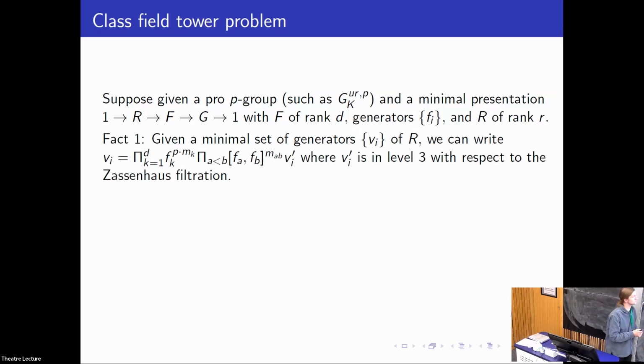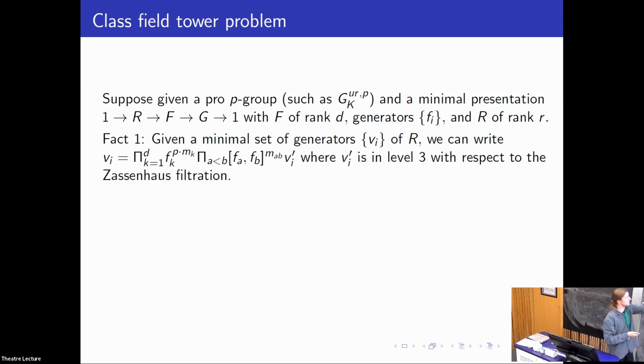The first fact: given a minimal set of generators v_i of R, you can write v_i equal to the product from k equal to 1 to d of f_k^(p m_k), for m_k some exponent, and then the product over all a less than b of the commutator [f_a, f_b] with some exponent as well, and then v'_i, where v'_i is in level 3 with respect to the Sassenhaus filtration.